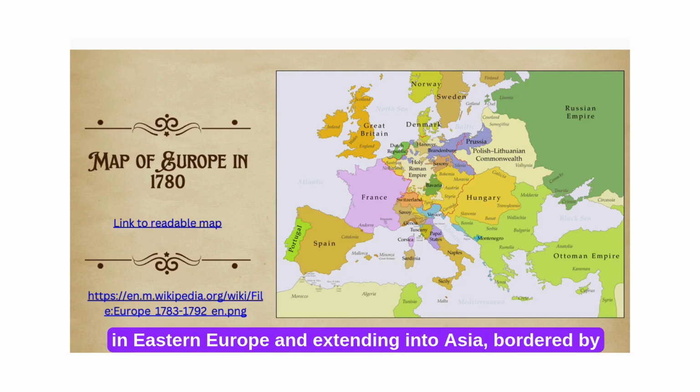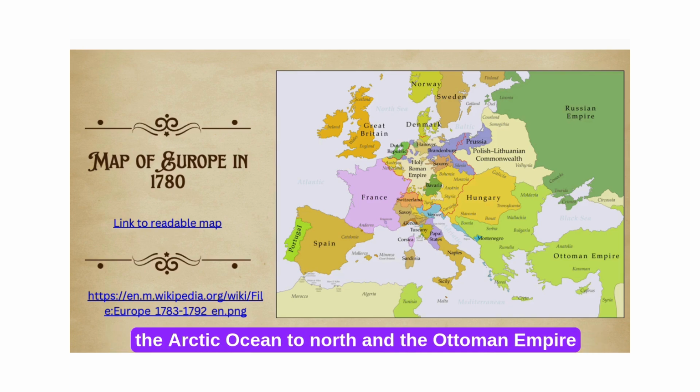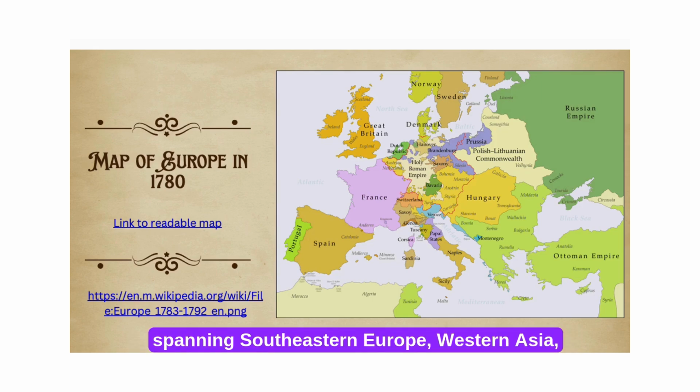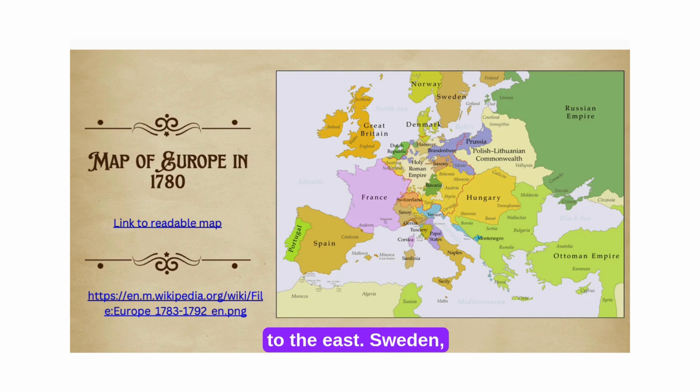Russia, located in Eastern Europe and extending into Asia, bordered by the Arctic Ocean to the north and the Ottoman Empire to the south. Ottoman Empire, spanning southeastern Europe, Western Asia, and North Africa, bordered by the Mediterranean Sea to the west and the Persian Empire to the east.